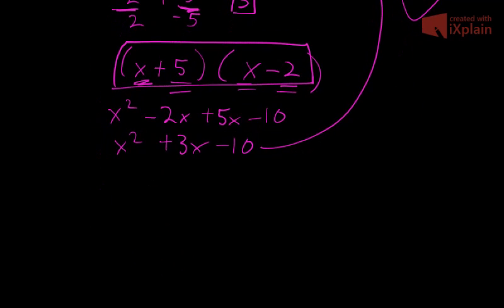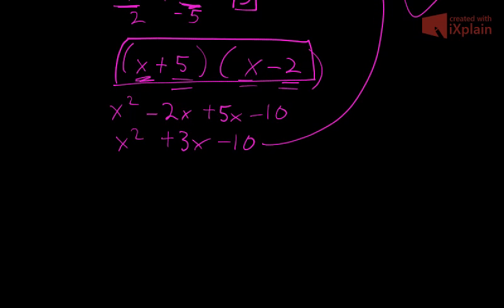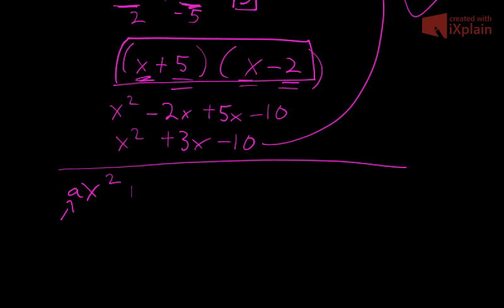Let's try one more real quick. So what happens if we have a trinomial where we have something here, because so far all we've done are trinomials where there's nothing right here. But I said that the form is ax squared plus bx plus c.